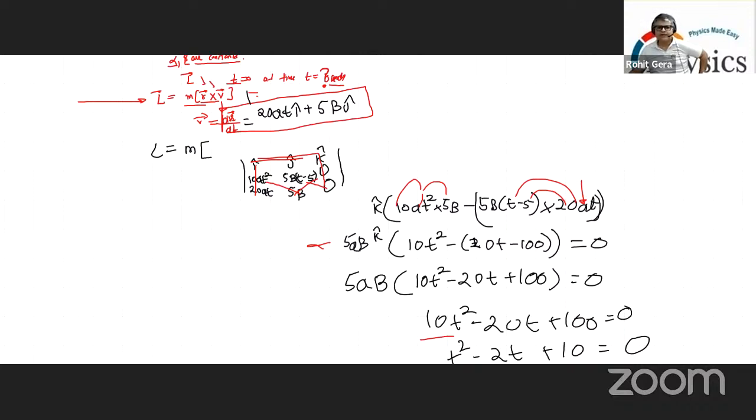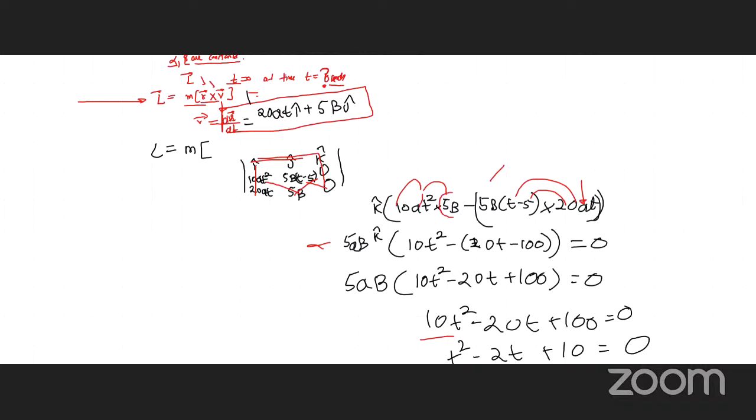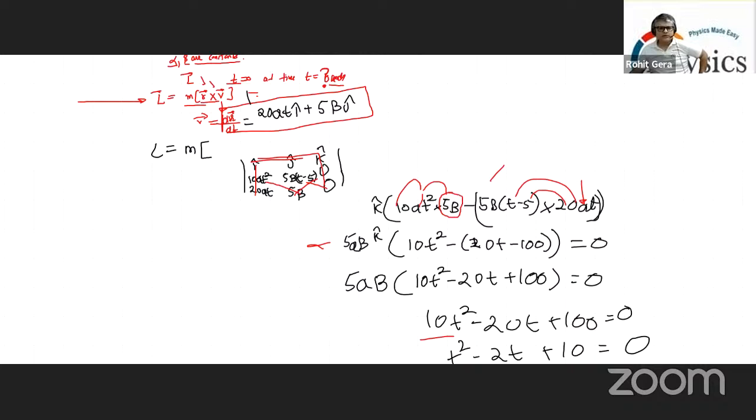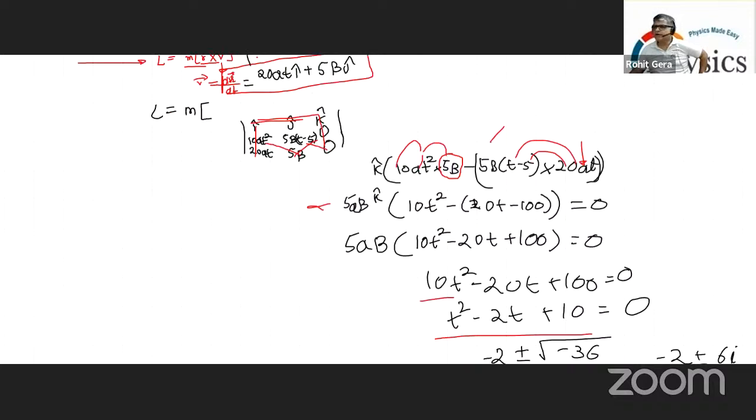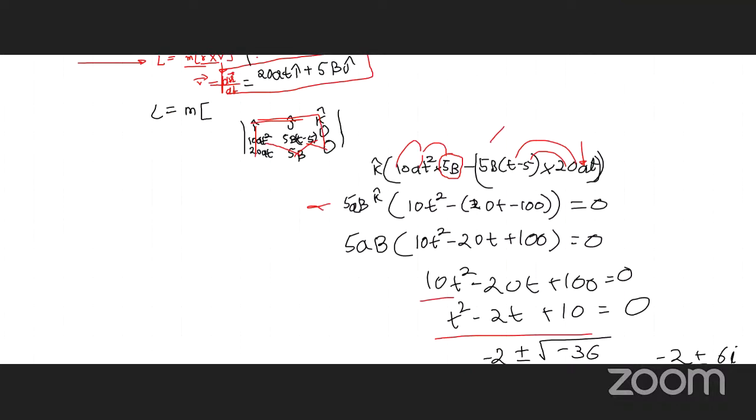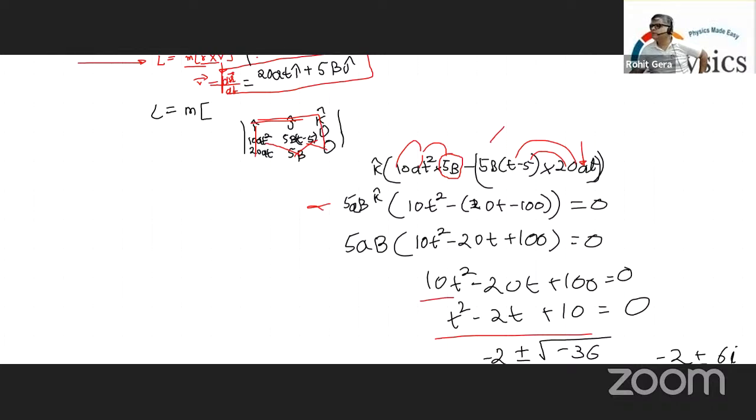This is right, 5 beta t minus 5. 10 alpha t square is fine. How did 5 beta come again? 5 beta into alpha t gives 10 alpha t square. Then 20 alpha t, what is this? Alpha came common, sir.